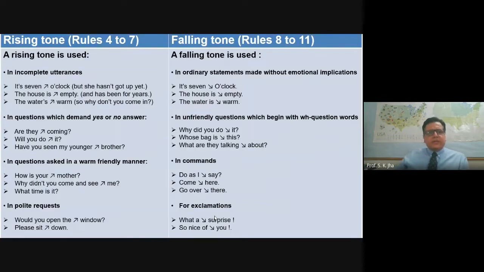Well, I think we are coming closer to our end. Here we have some rising tone and falling tone rules. When we use rising tone, here again, I have given you 4 conditions. In incomplete utterances, your utterances are not complete.